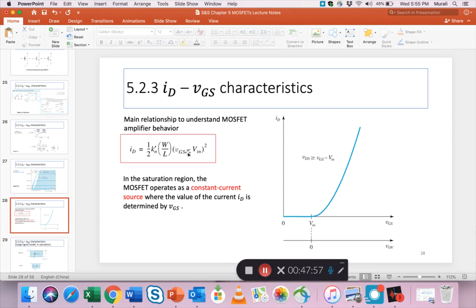We can also put this as VOV, or VDS saturation squared, but this relationship is important. Conclusion: in the saturation region, the MOSFET operates as a constant current source where the value of the current ID is determined by VGS as per this formula. It's a square relationship, a parabolic relationship, but remember this is the relationship.